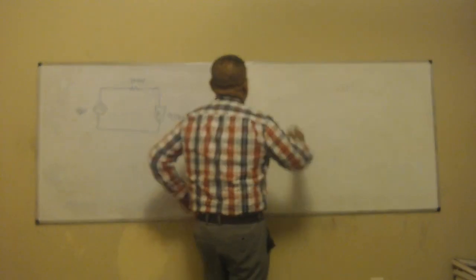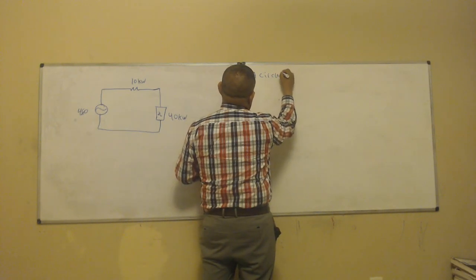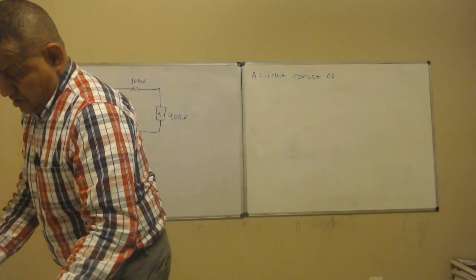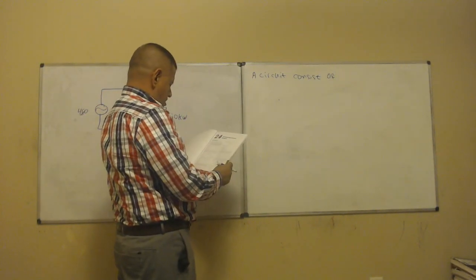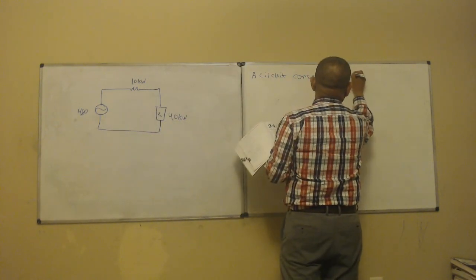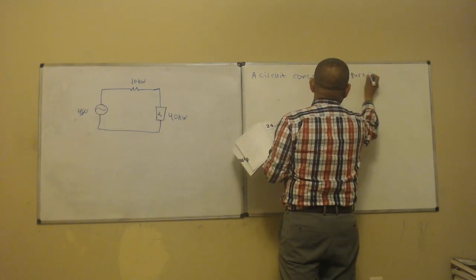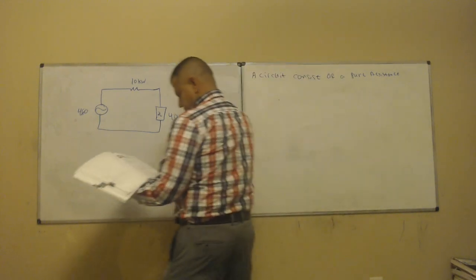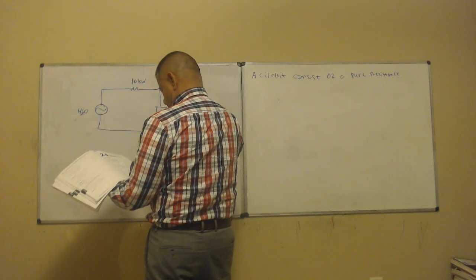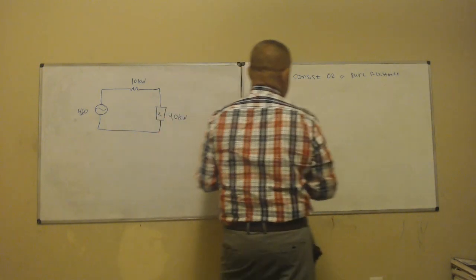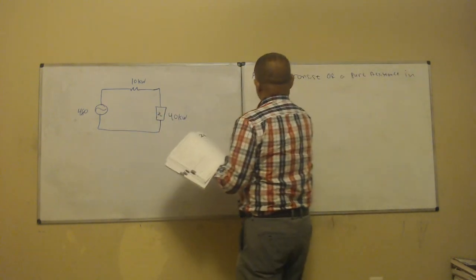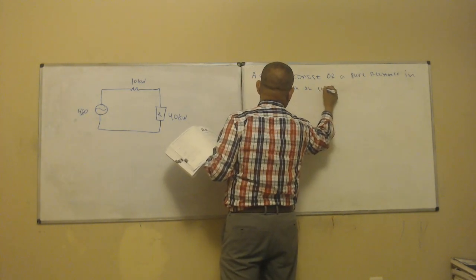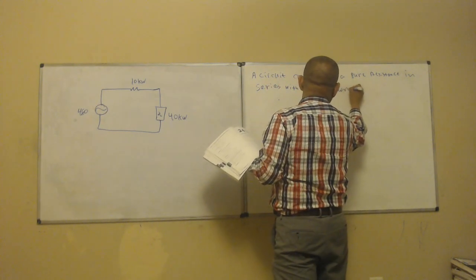It says that a circuit consists of a pure resistance in series with an unknown impedance.